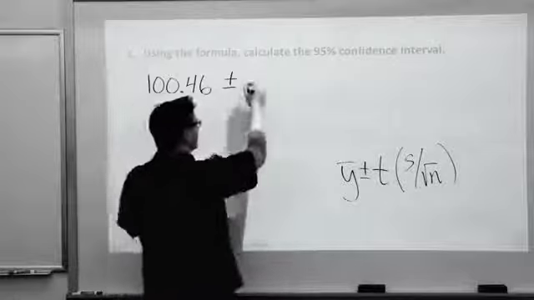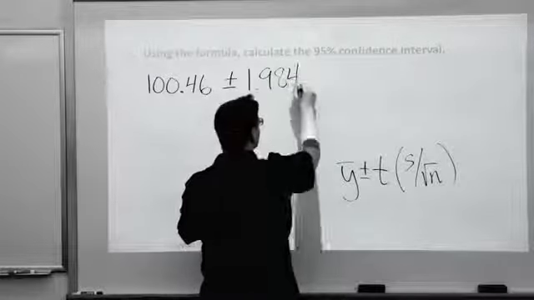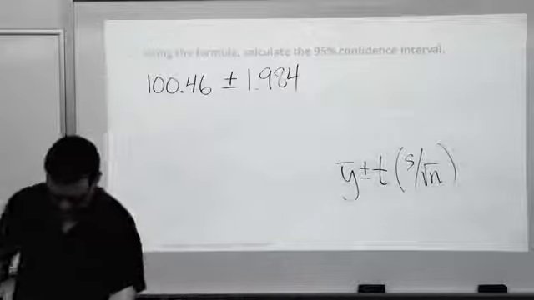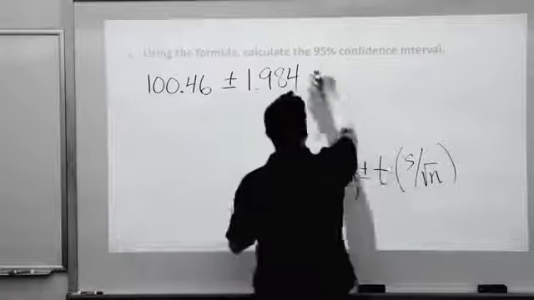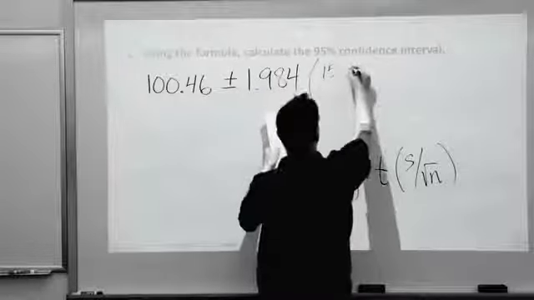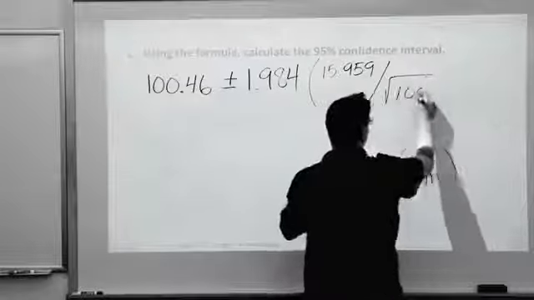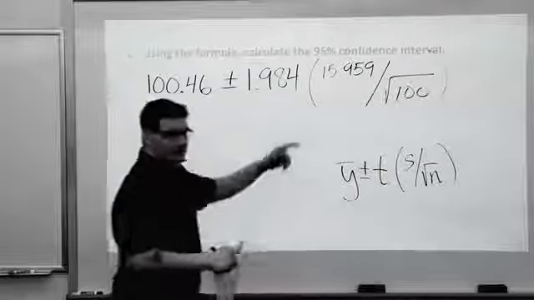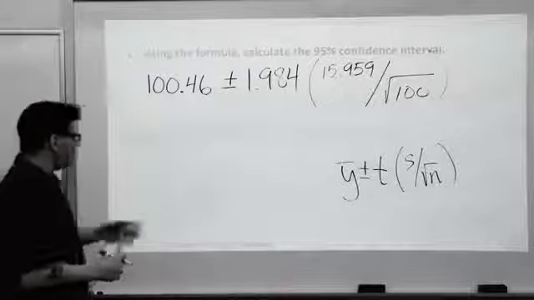The t number, plus or minus 1.984, right? I hope. Yes. And then the standard deviation comes from the summary statistics. It was 15.959. The sample size was 100. Make sure you don't put 99 there. It's the full 100. These are easy.